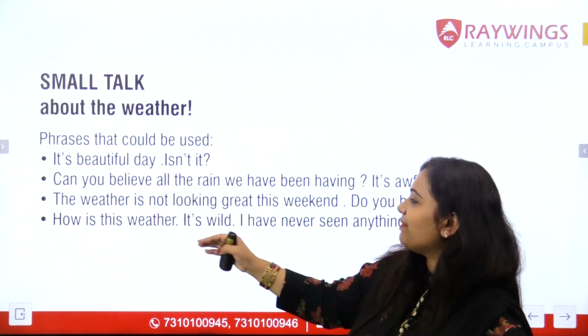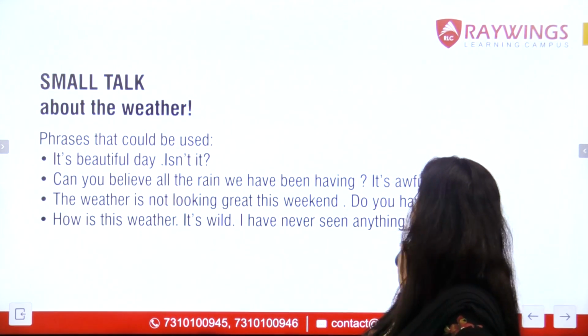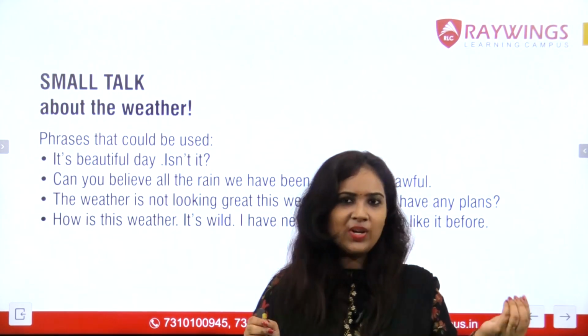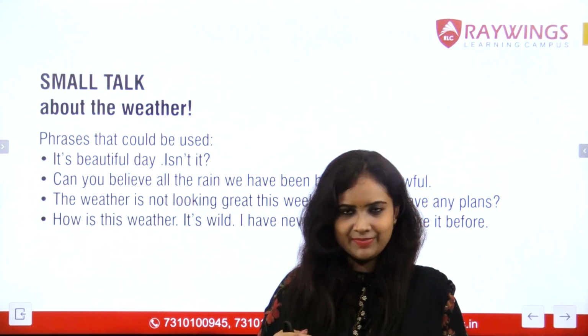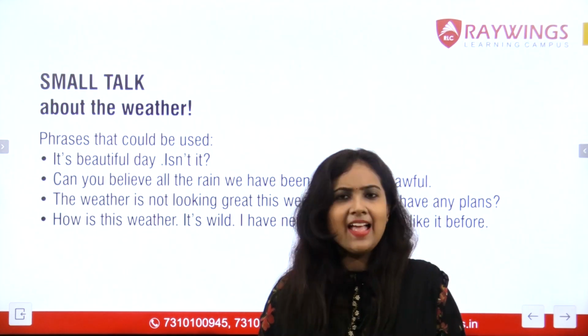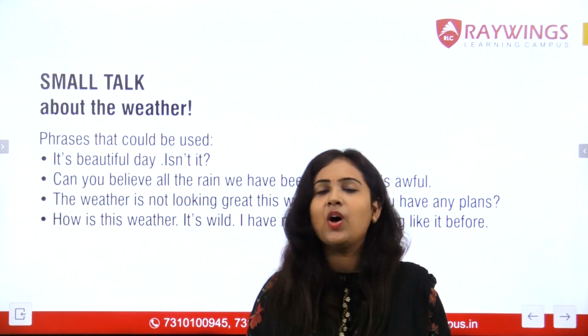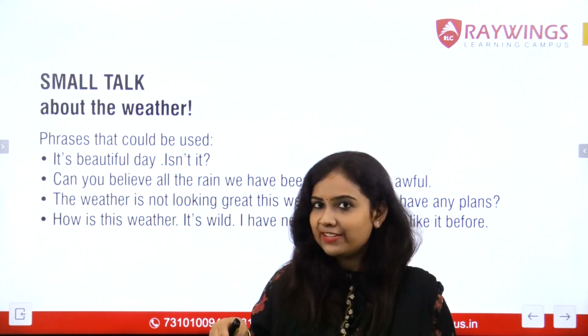All right, then how is this weather? It's wild. I have never seen anything like it before. So this kind of phrase usually comes from an elderly person, an old age person. That, oh God, what kind of weather is this? We haven't seen this weather throughout our life, and we are encountering this type of weather for the first time.